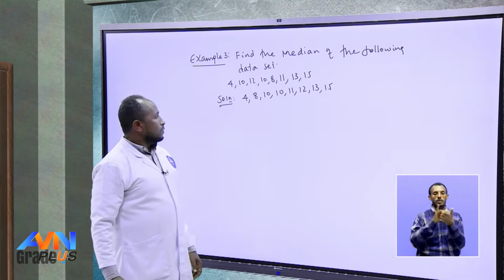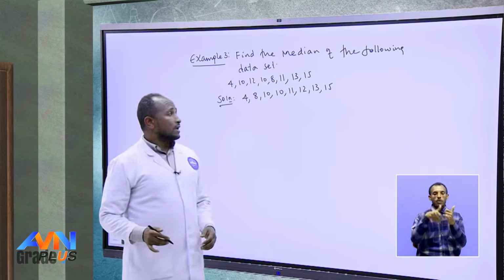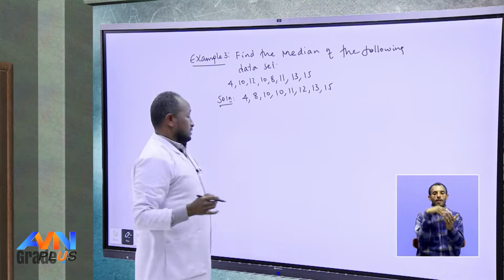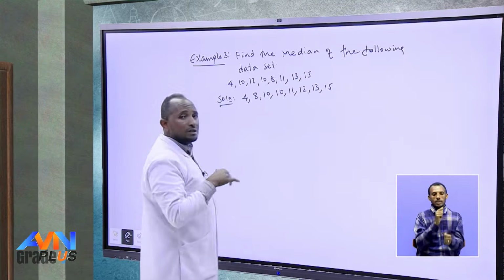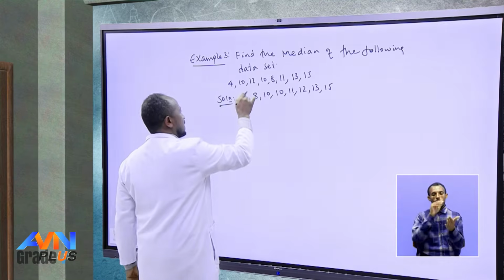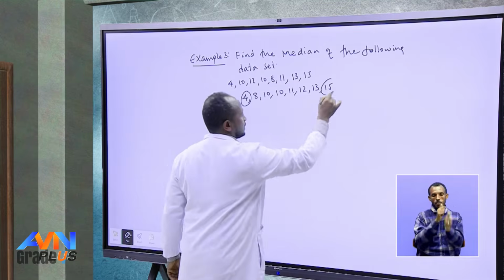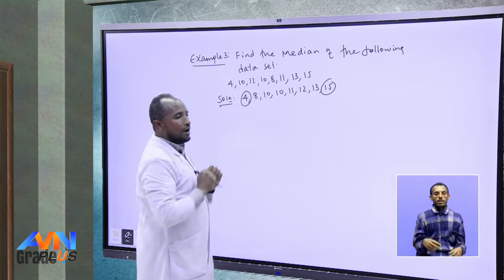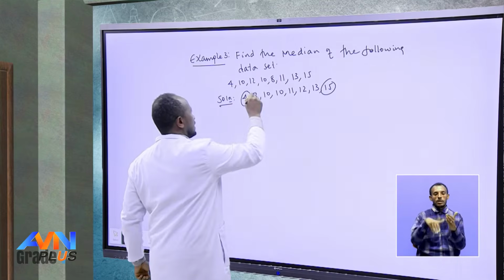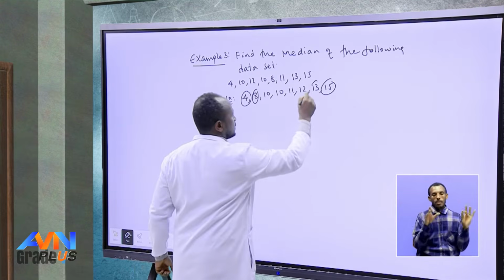So now let's see how to find the median. Let's follow the previous steps by cancelling. Let's try to find the middle values. Here, let's cancel 4 and 15. Let's cancel the left and the right part and find the middle value. Let's cancel again 8 and 13.